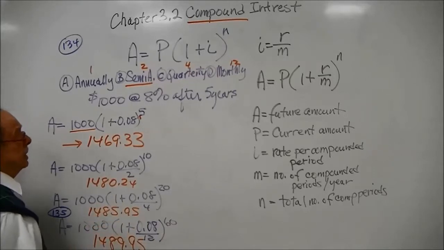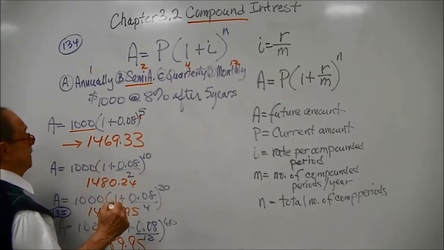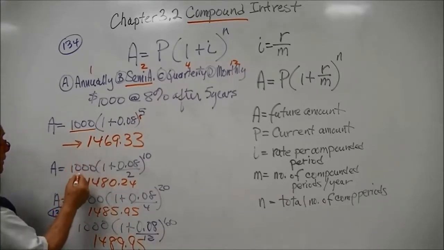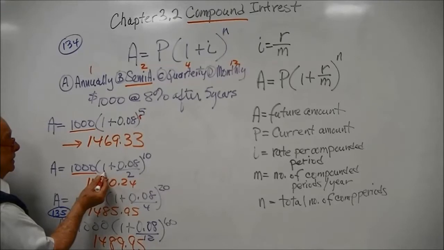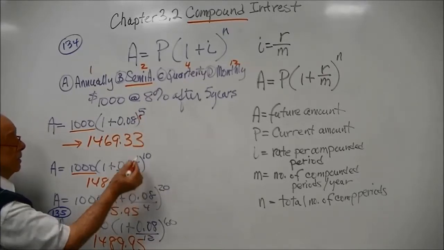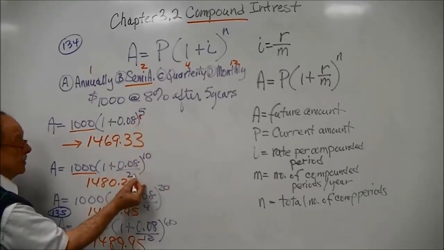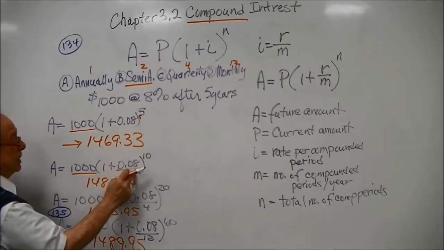But how about if it's compounded semi-annually? So your period of compounding is twice in a year. So again, the principal stays the same. This 1 stays the same. But now you put your rate of 8% over m, which is the number of times it's going to be compounded in a year, which is a 2. Semi-annually is twice a year.